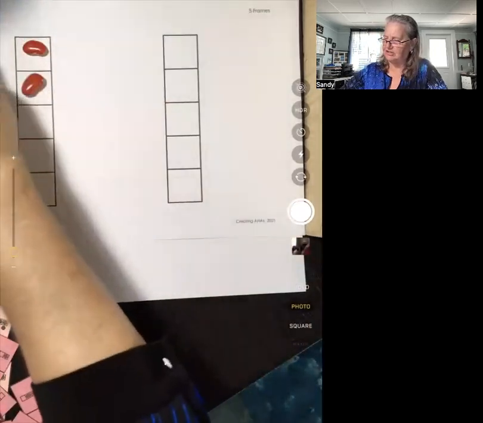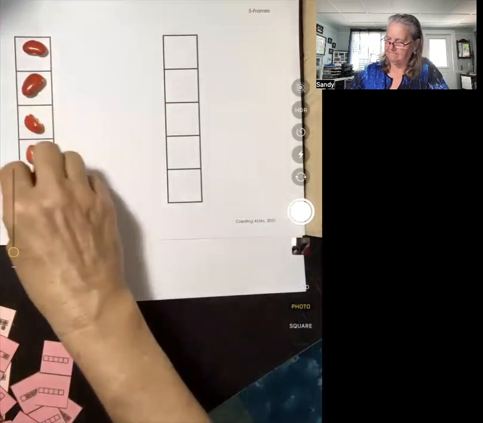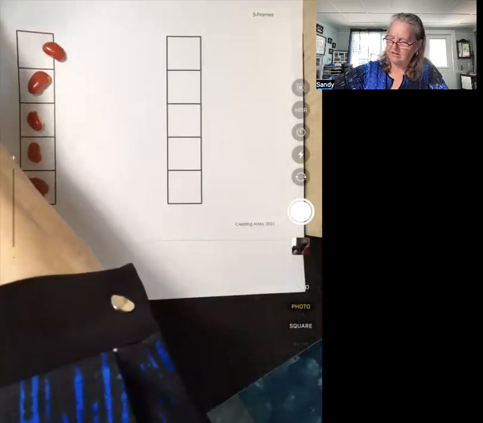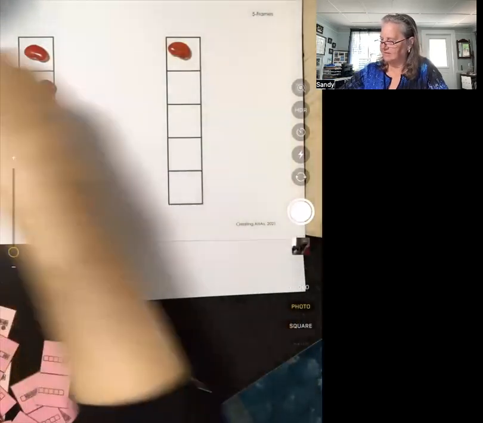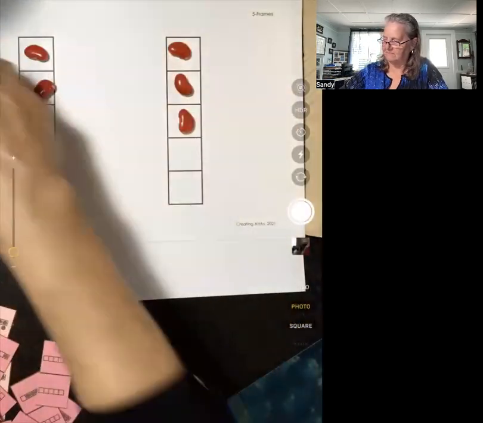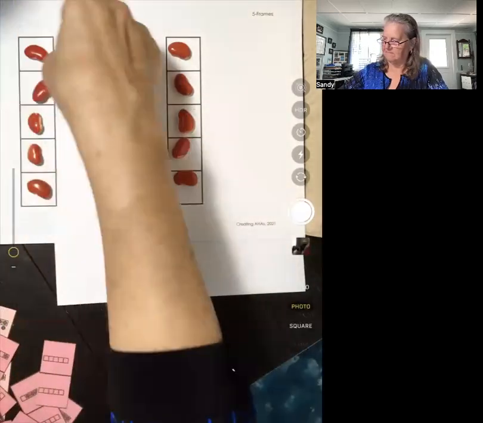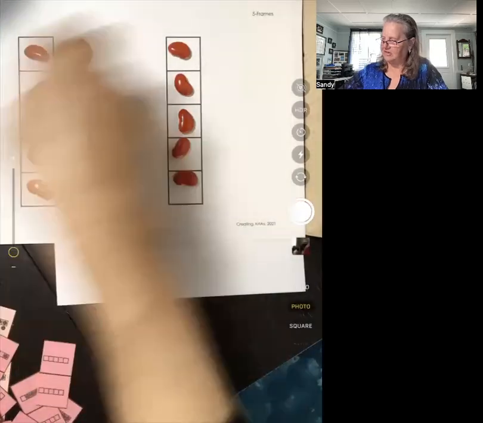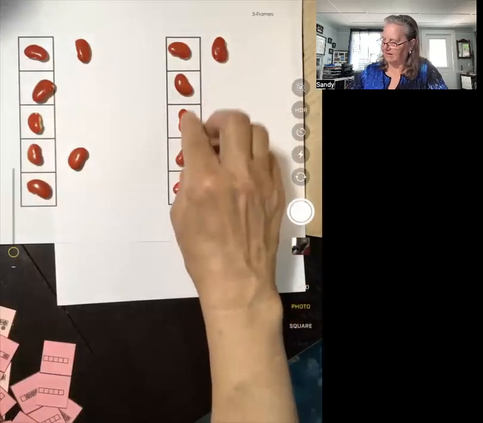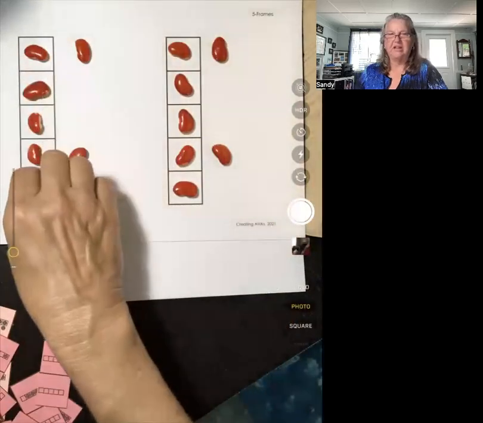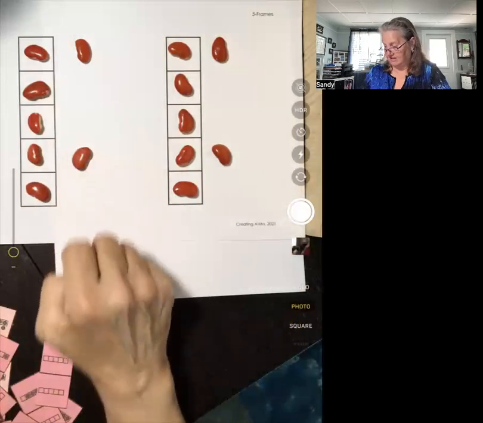I'm going to show, let's do double 8. Or, no, let's do double 7 this time. Now, do you notice when I'm showing 7, I have 1 bean in each section, but I could show a 7 like I've done.